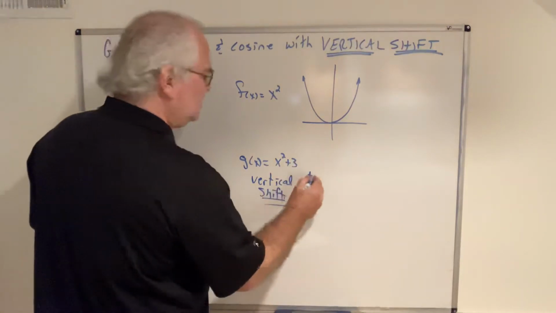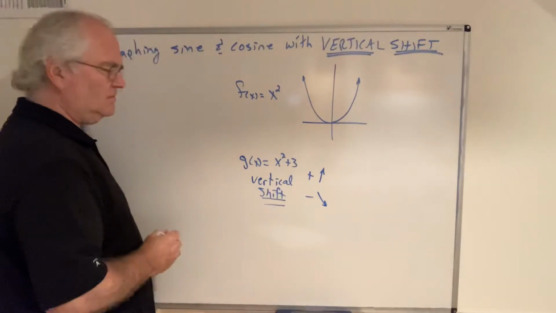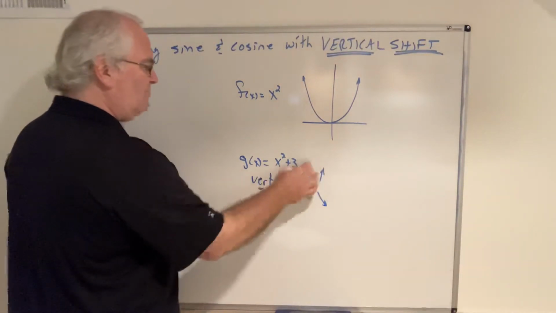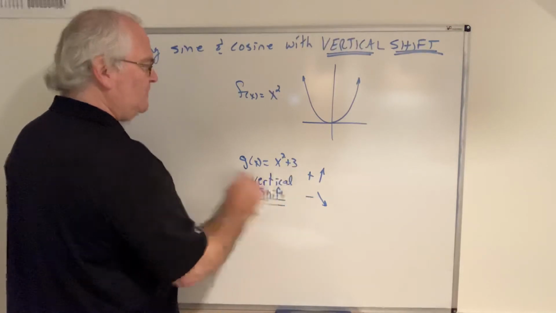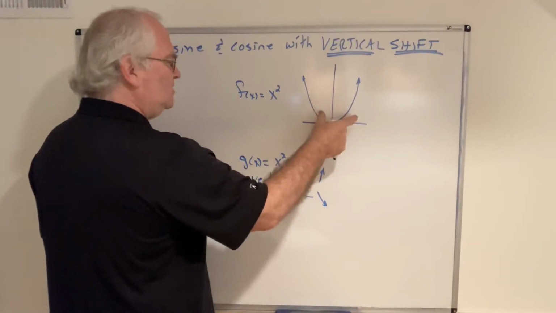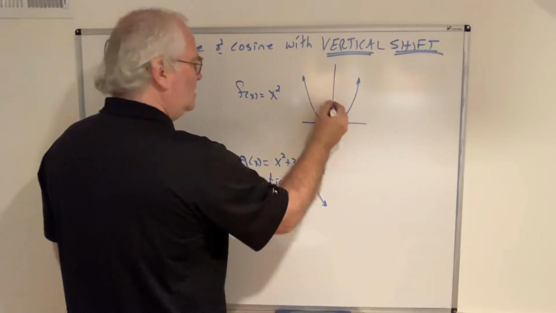If it's plus, you shift up. If it's minus, you shift down. All right? If it's plus 3, shift up. If this had been minus 3, we shift down. So in this case, it is this picture. Think of taking this parabola, pick it up, lift it out of the picture, move it up 3 units, put it back in the picture. 1, 2, 3.